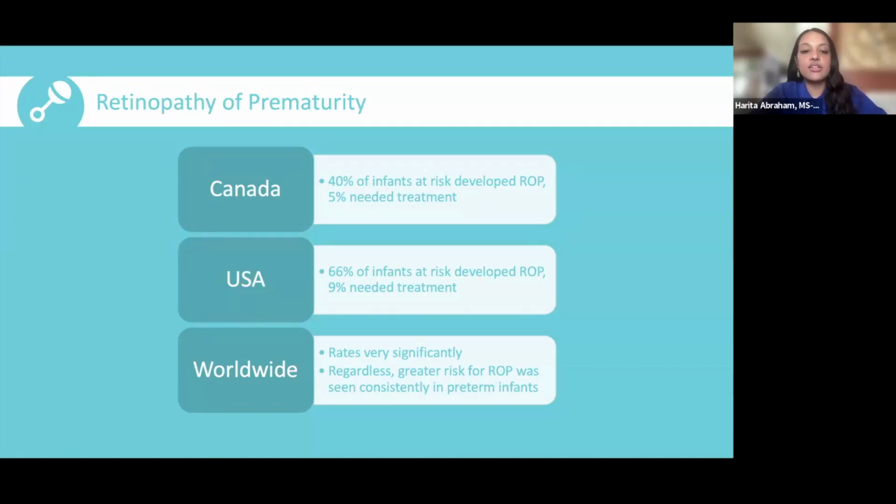Even between Canada and USA, we see a little bit of a difference in terms of the proportion that they determined needed treatment out of the ROP cases. Regardless, though, there was a correlation between increased risk for ROP in preterm infants. No matter the rate, the trend was the same. If the baby was preterm, they had an increased risk of developing retinopathy of prematurity in every regard.